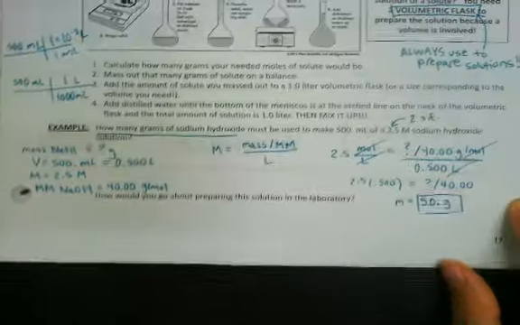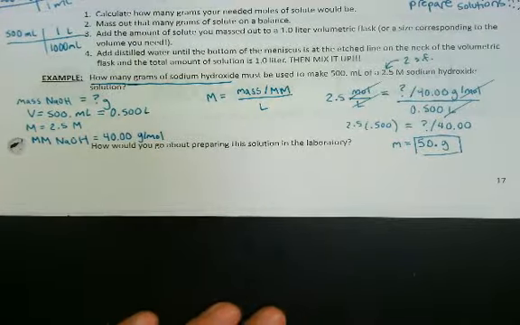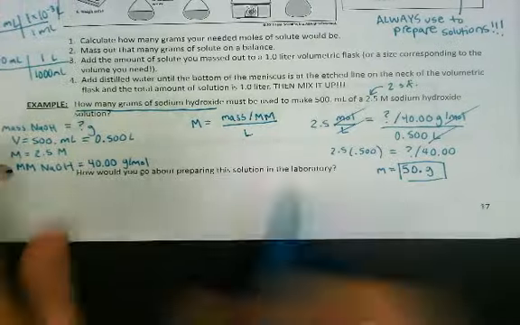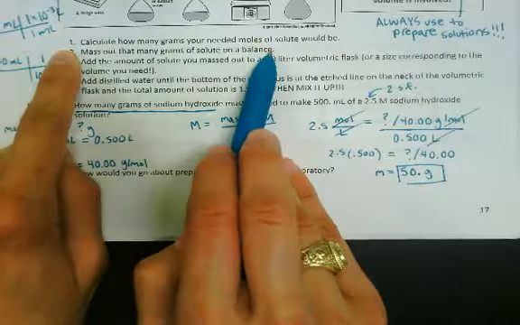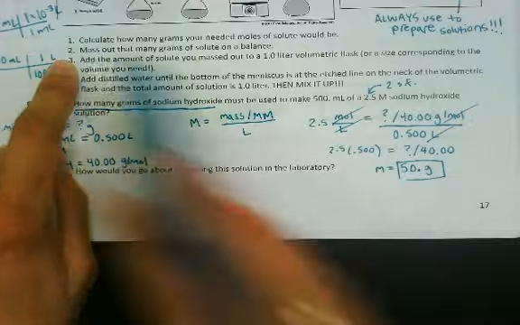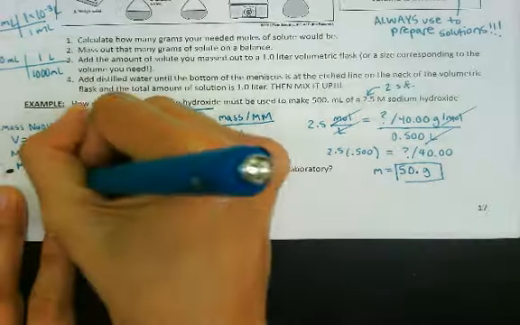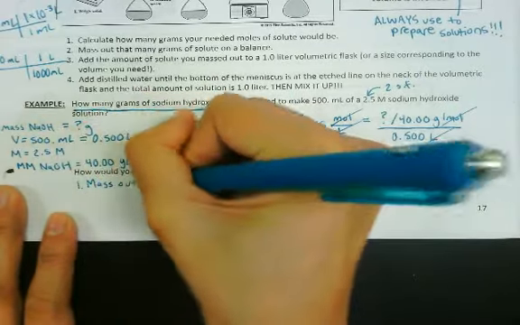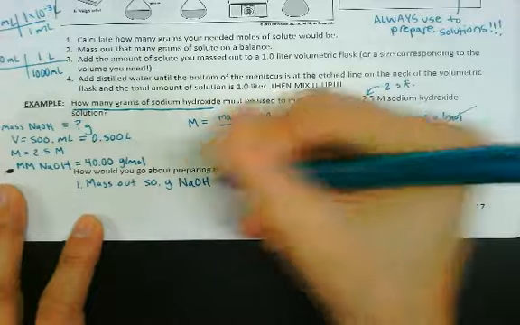Okie dokie. Awesome. So we know how many grams we need to make that solution, and now we want to write about how we can go about preparing this solution in the actual laboratory. And we could follow our steps that we have up here. So we've already done step 1. We calculated how many grams of our solute we need. Step 2 is to mass out that many grams. If we had some sodium hydroxide in a container, we would go ahead and mass out our 50 grams of sodium hydroxide.